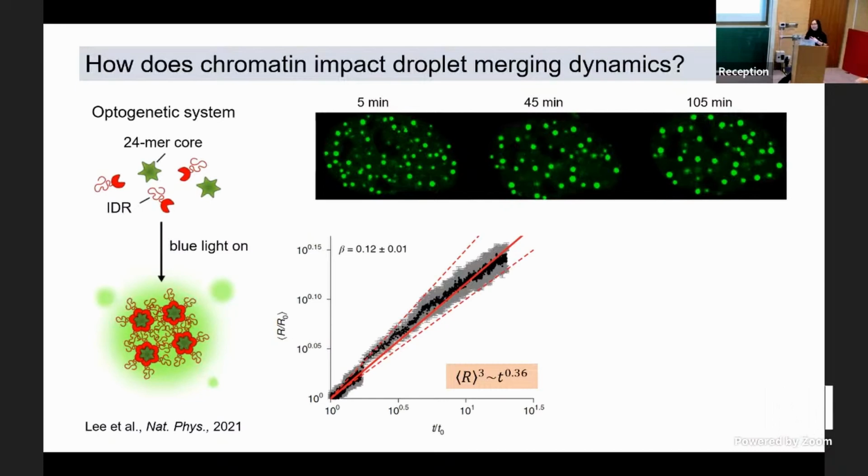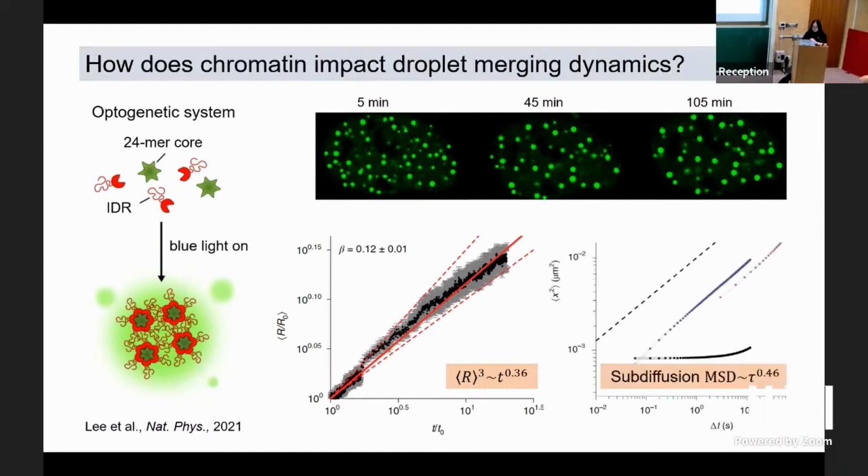But if the molecules are in the cell nucleus, you all heard about the talks, these are really not diffusive, but subdiffusive. Lots of things are subdiffusive. And when the motion becomes subdiffusive, this equation has to be modified. Once you modify this equation, you'll see that this exponent is related to the subdiffusive exponent.